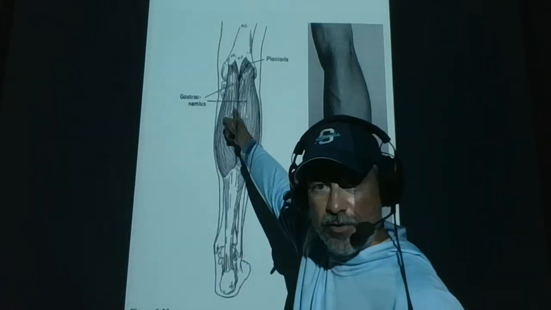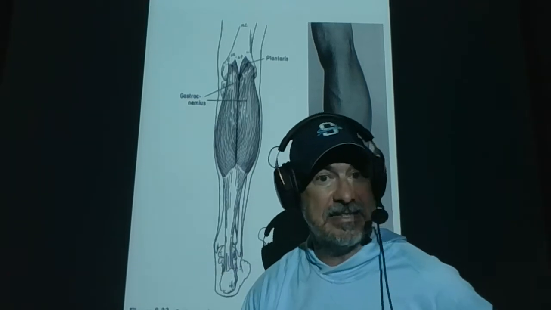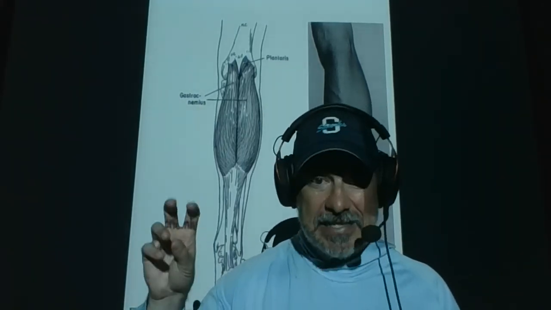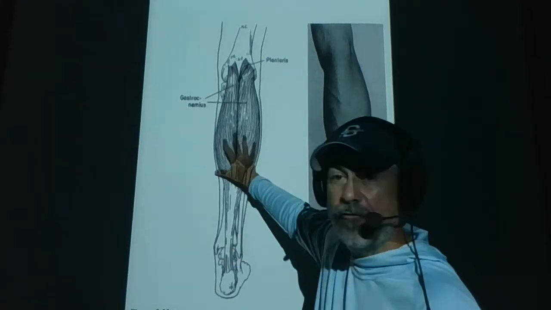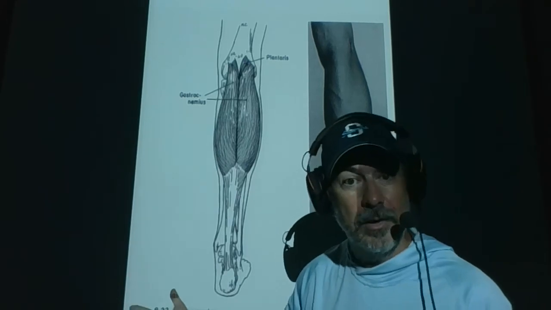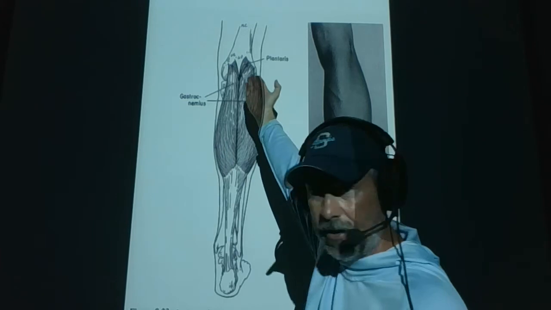When you flex your knee, that muscle pulls less as a plantar flexor. It lessens its contribution as a plantar flexor because you put it on slack. That's why seated calf lifts don't emphasize the gastrocnemius. Now, the gastrocnemius still can pull, but it can't pull as much as if it was stretched out, if it had more length, okay?